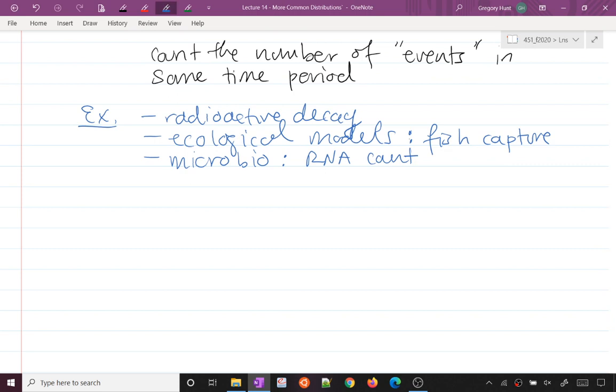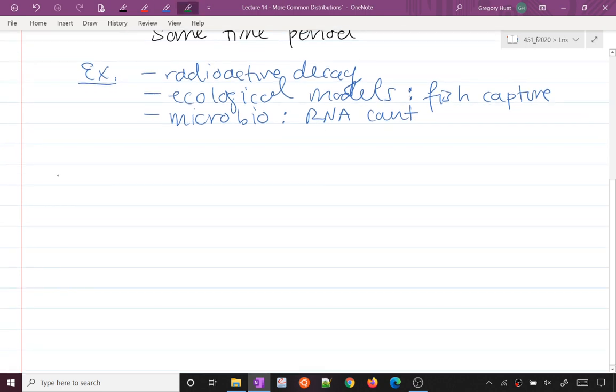So it's a super widely used, very important distribution, and our notation for Poisson, we'd say a random variable x is distributed Poisson, and it has one parameter, and that parameter is lambda. Here, x is the number of events in some time period.